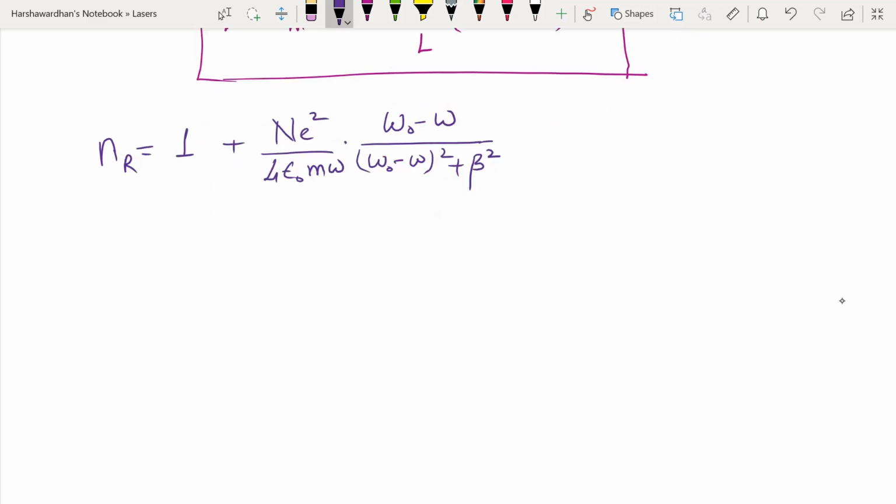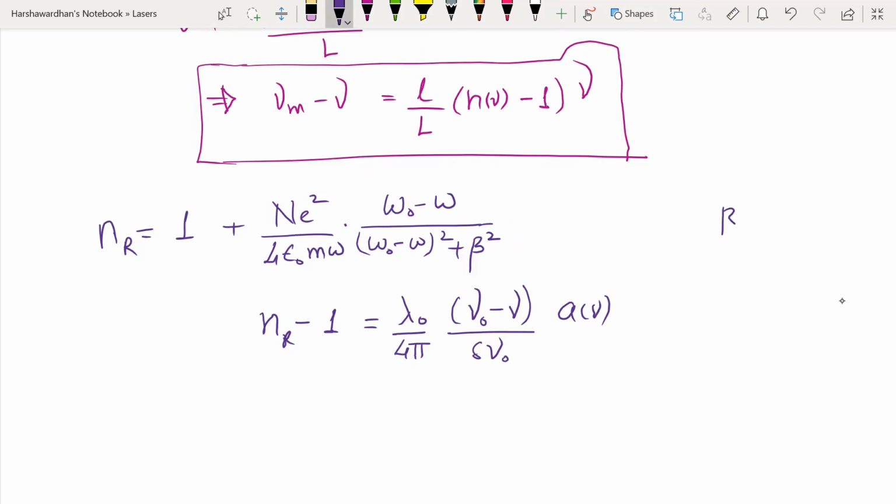So what I'm going to do now is rewrite this in a form that you are also familiar with, which is my n real minus 1 can be written down as lambda naught by 4 pi. And now I'm converting omegas to nus, which is factors of 2 pi, divided by delta nu naught and a of nu.